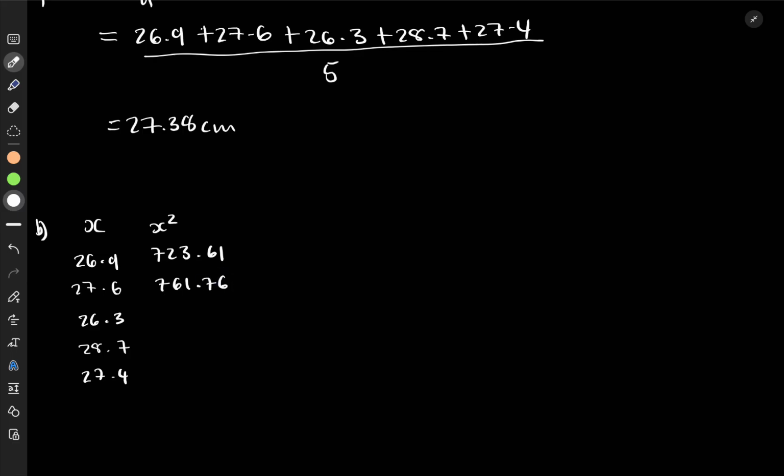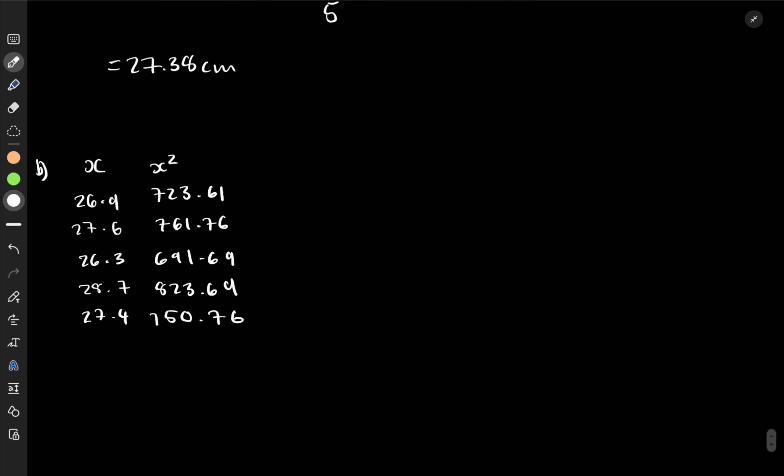Then 26.3 squared becomes 691.69. Then 28.7 squared becomes 823.69. Then 27.4 squared becomes 750.76.